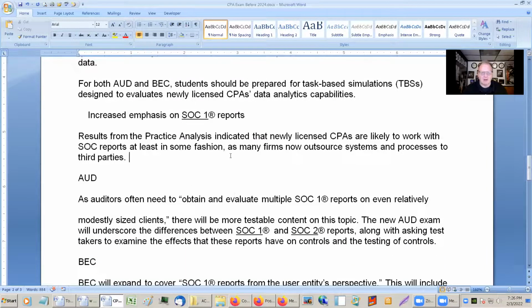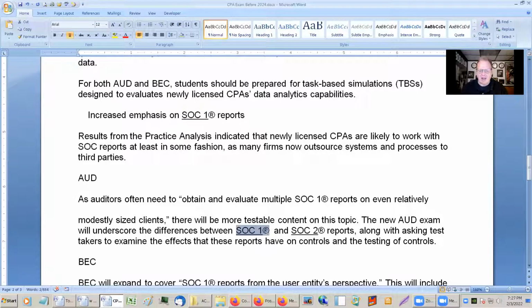What are they? They're audit reports for when you have someone else do something for you. For example, payroll. You may have another company do your payroll. ADP is a very common company where people do payroll, and ADP will have one of these SOC reports. So SOC 1, SOC 2, and that sort of thing.